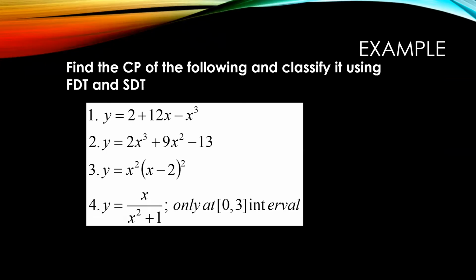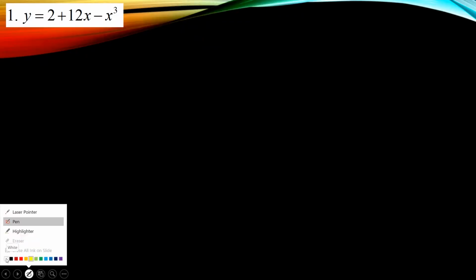Find the critical points of the following and classify them using the first derivative test and the second derivative test. So let's go to the first one. Basically, the first step should be to solve for y prime and y double prime. That means my y prime is 12 minus 3x squared.